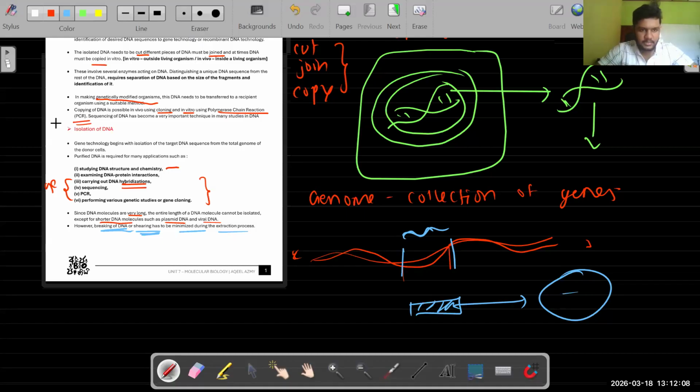Right? Just read this part and let me know if there are any doubts. This isolated part, DNA.